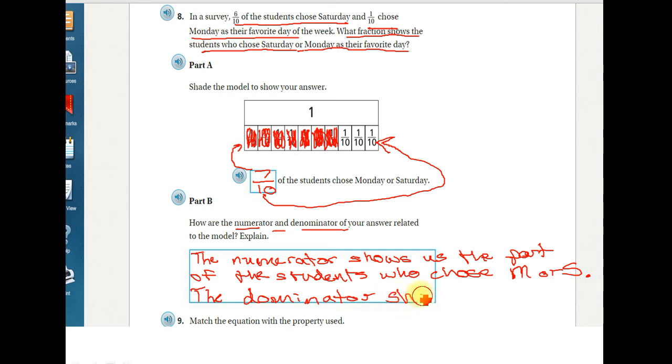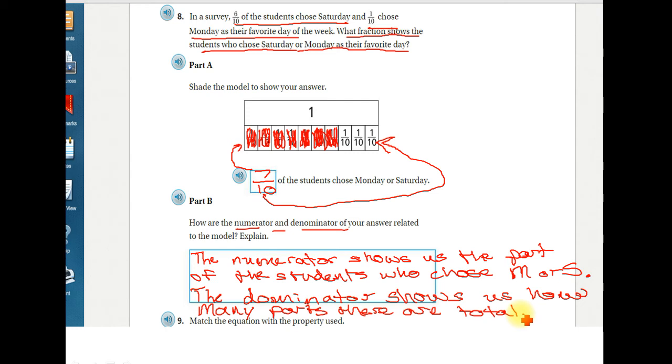Denominator shows us how many parts there are total.